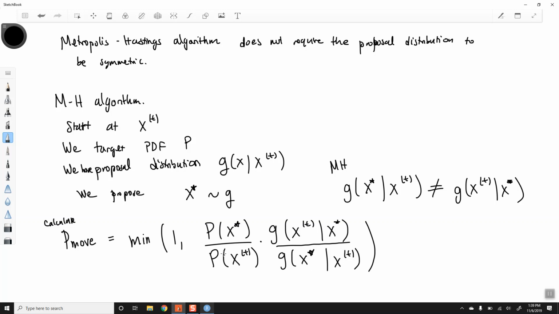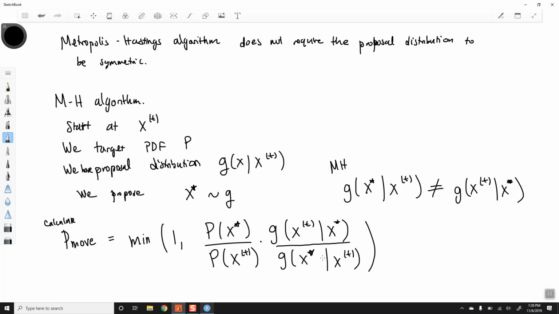On the other hand, if the value we propose is a little bit unlikely in the target distribution, normally we would just reject it, saying that according to the target distribution it only happens so often. But we might boost that value if our proposal distribution is also unlikely to propose it.